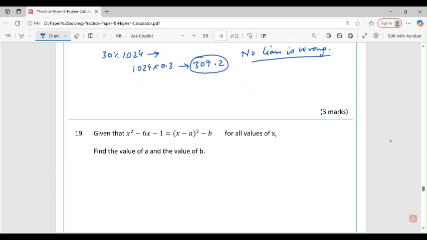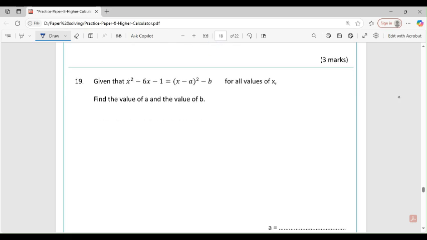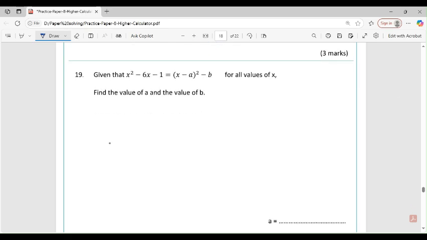Now, question number 19, here we use the completing the square formula, and you know x squared minus 6x minus 1. If I ignore this minus 1, I can see that this is the formula of x minus 3 whole squared, which gives x squared minus 6x plus 9. This is something you must know when it comes to formulas.